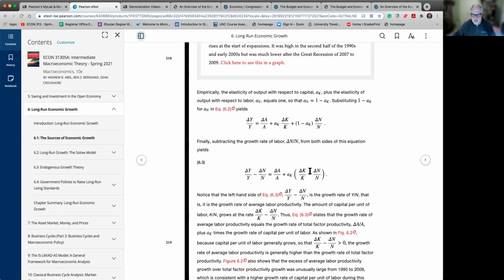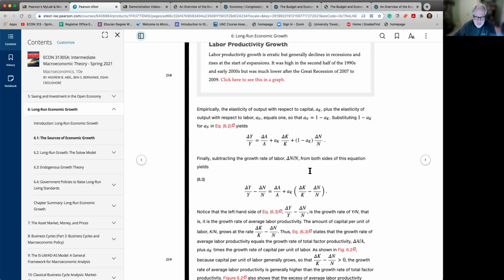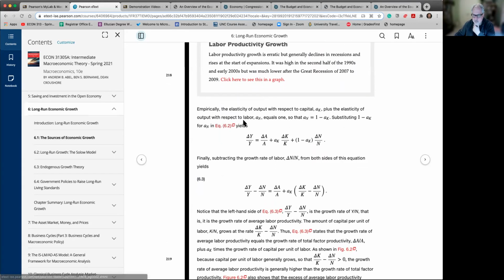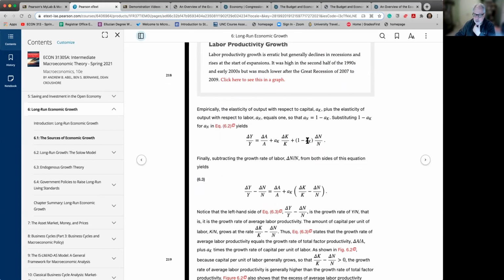This is what this section of section 6.1 shows us what we can do. So if we make some assumptions and look at some things from empirical evidence about the elasticity of output with respect to labor and to capital, right? We add one assumption in here, and we can talk about changes in real GDP per worker, right?